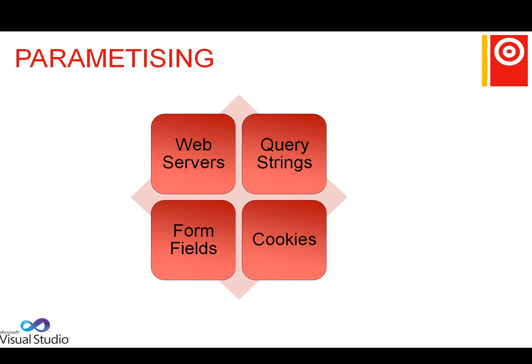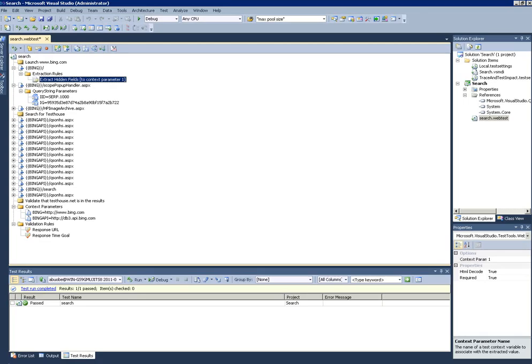The principal method of doing this is via extraction rules. Allow me to demonstrate. Let's locate the first parameter we wish to parameterize. And let's put it in the clipboard.